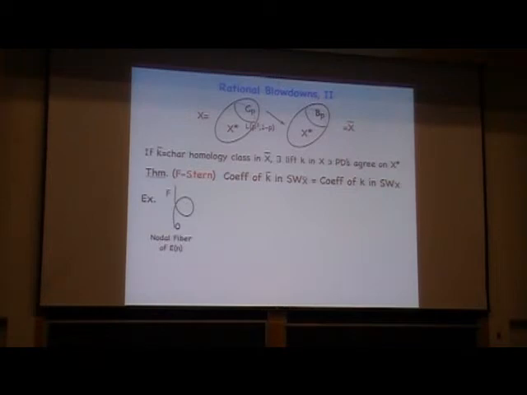So here's one example. Suppose you have an elliptic surface, say En, and a nodal fiber. A nodal fiber just means that one of the torus fibers has a non-separating circle that's been shrunk to a point. Then you can blow up at the double point.